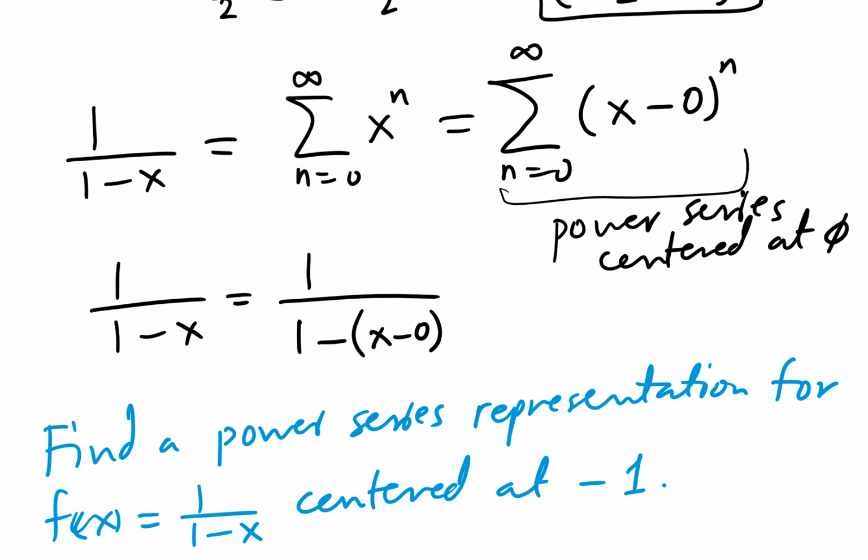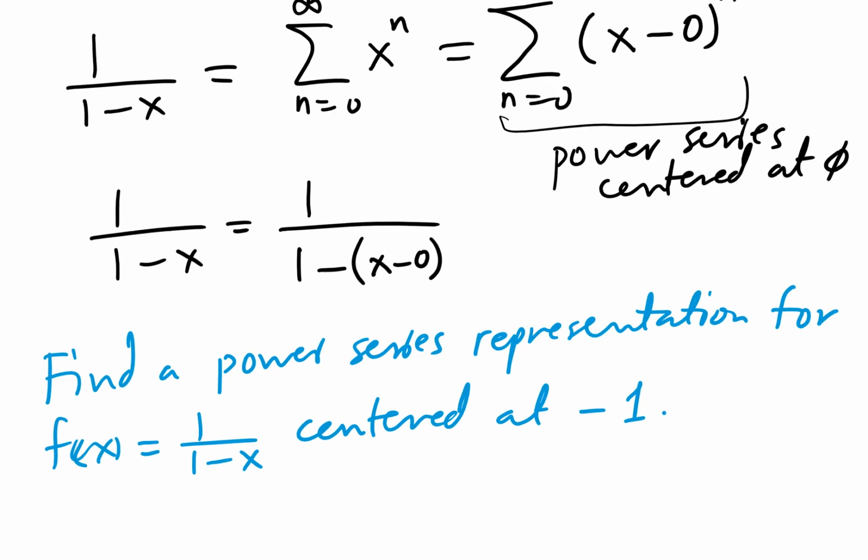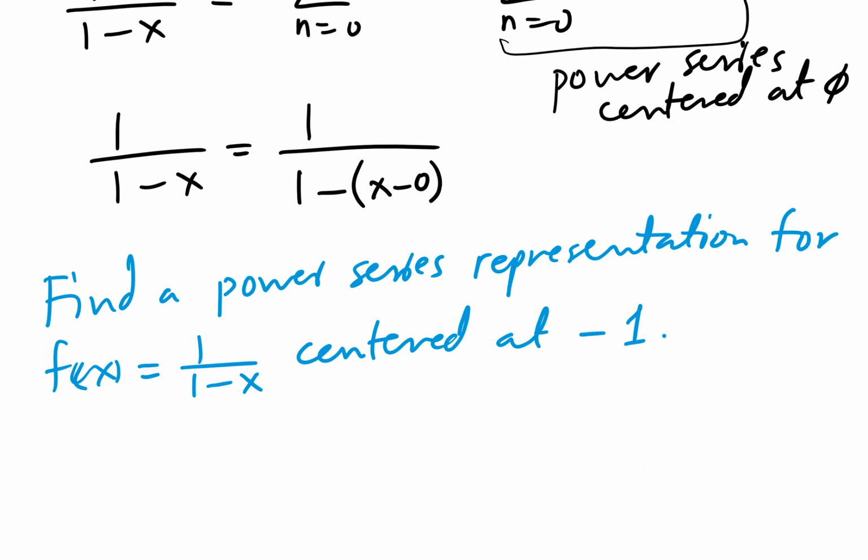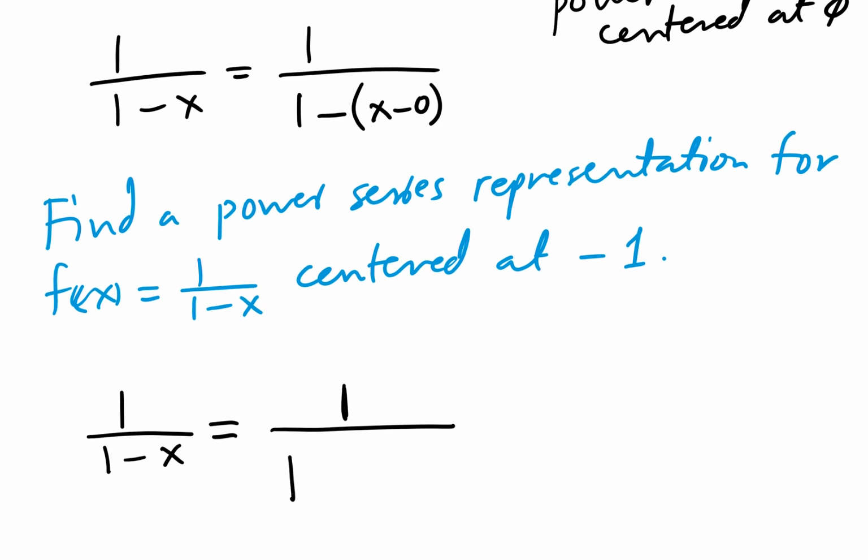Centered about -1 means, if I look back at that 1 over 1 minus something, this is how it is going to look. We need to rewrite it so that it is centered at -1. So how does it work to be centered at -1? Instead of x, we need x minus -1, like that.